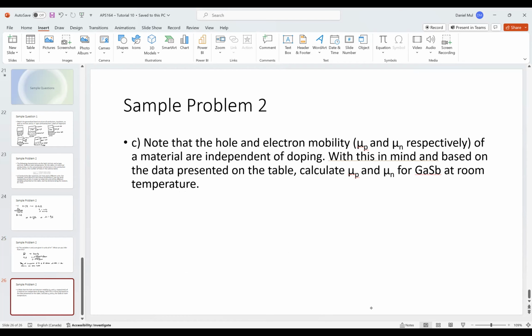And then know that the hole and electron mobility, just some practice. So last problem, and then we'll go back to those quiz questions.